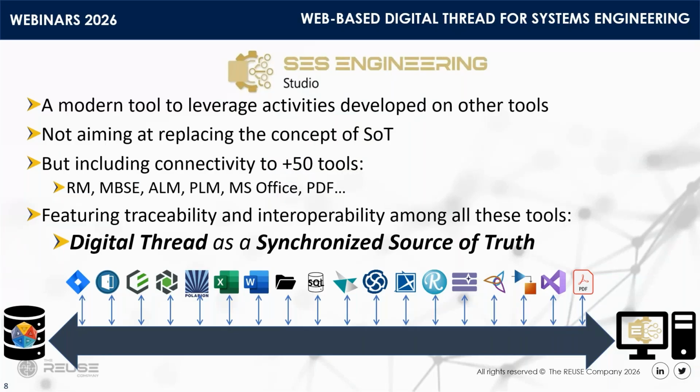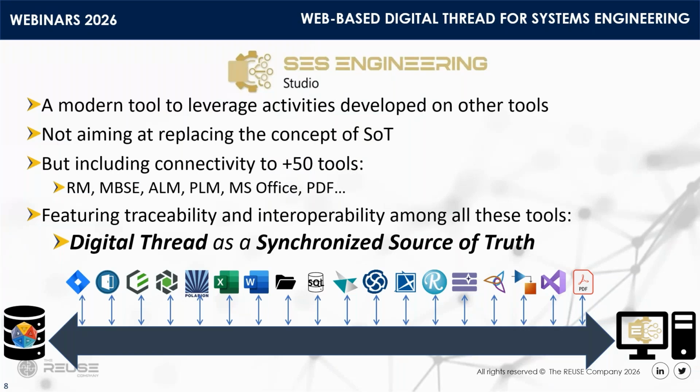Systems Engineering Studio is not designed to replace the concept of single source of truth. The idea is to keep all the different activities in all the specialized tools, which are the best ones to perform such activities, but to interoperate, to enhance the communication among all these set of tools.